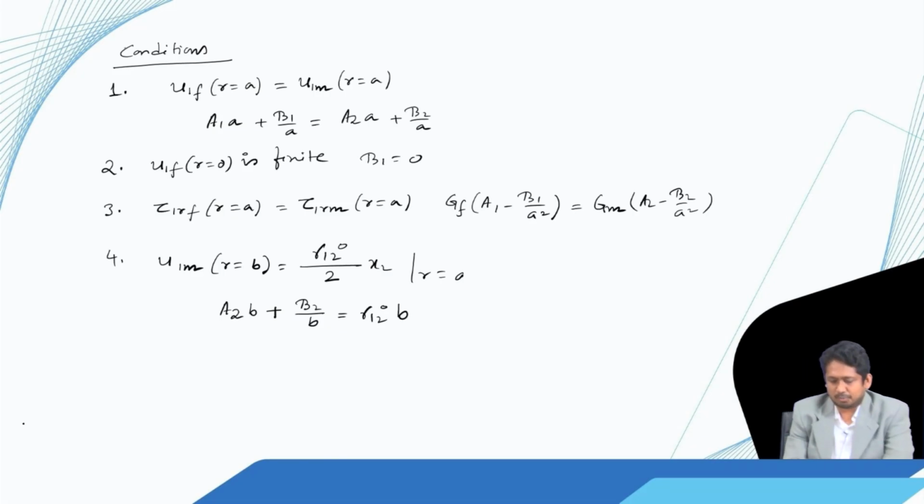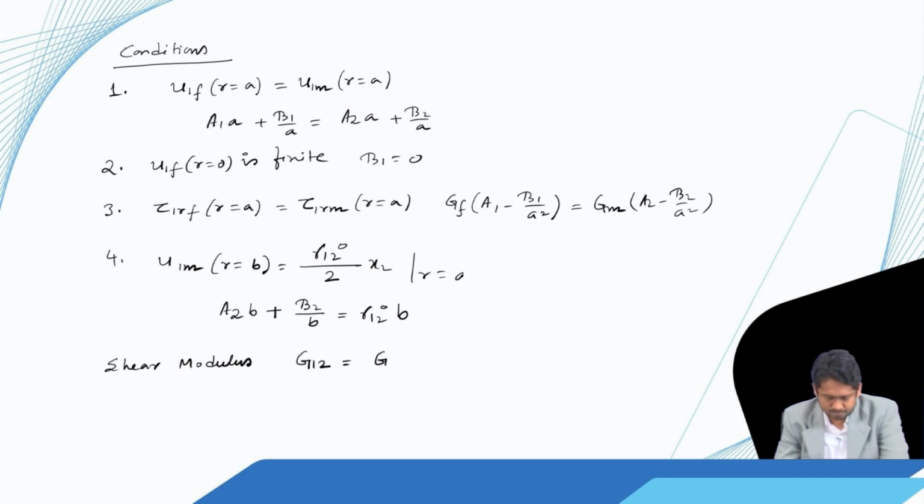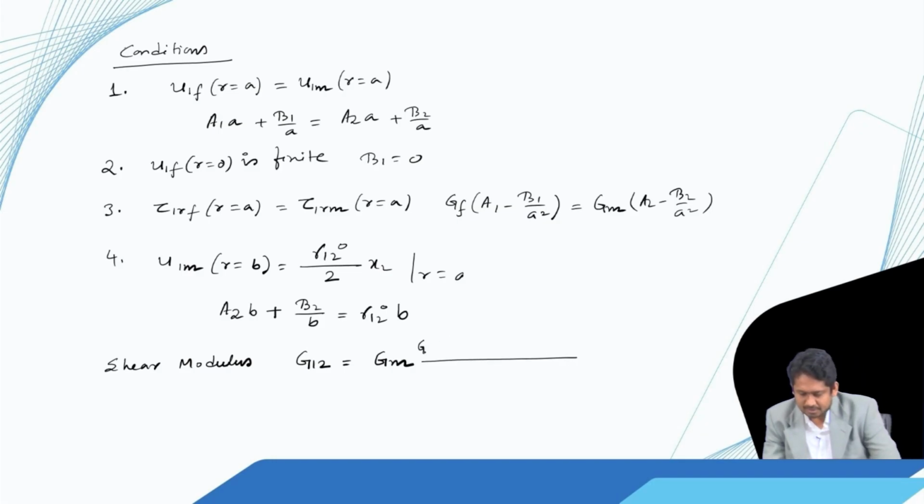So, if we put all these conditions, then finally the shear modulus comes as G12 is equal to Gm multiplied by a term where we have in the numerator Gf into 1 plus Vf plus Gm into 1 minus Vf, that means Gm into Vm.